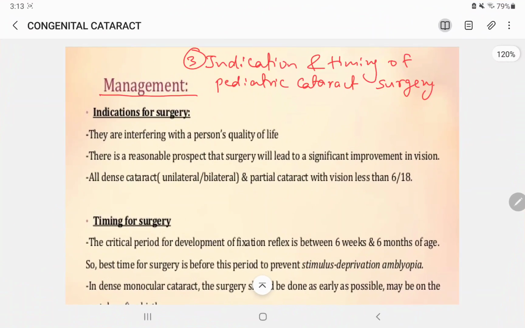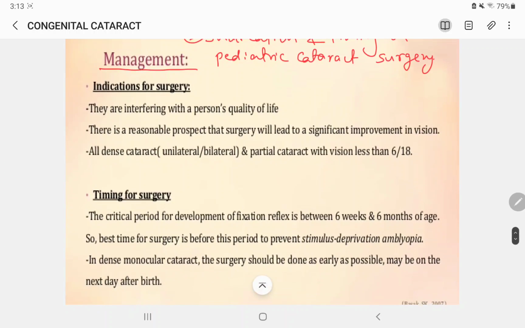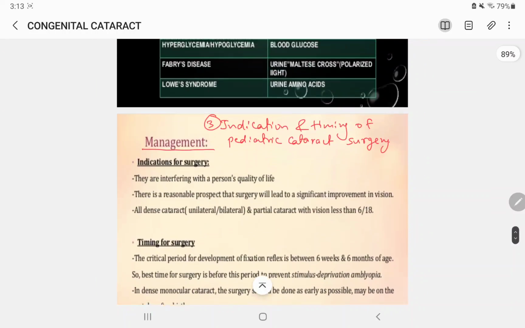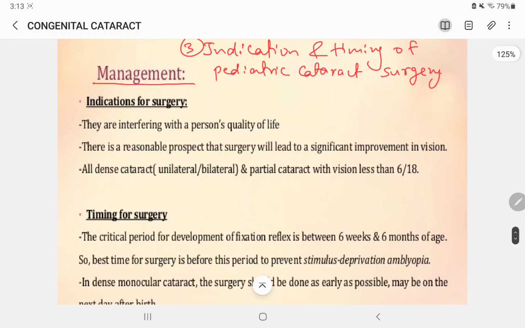Management includes all history and investigations, and also includes the treatment, that is how we will get this child to feel better. So the indication and timing of pediatric cataract surgery, here's one simple table, we will get to that later. So the indication for surgery is if the disease, that is cataract in this case, is interfering with the quality of life.